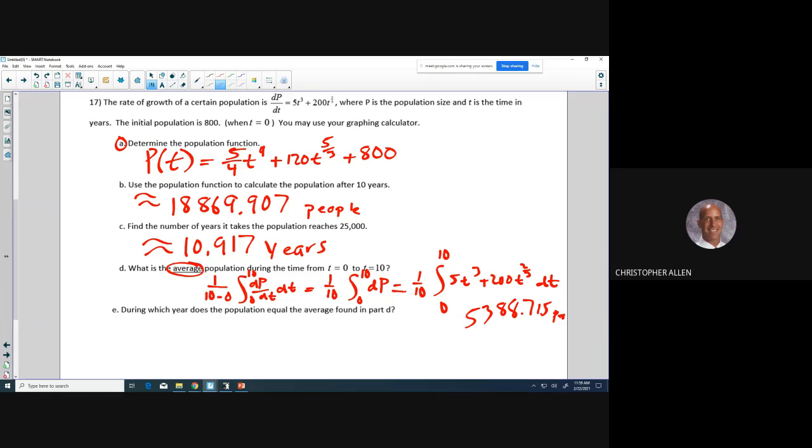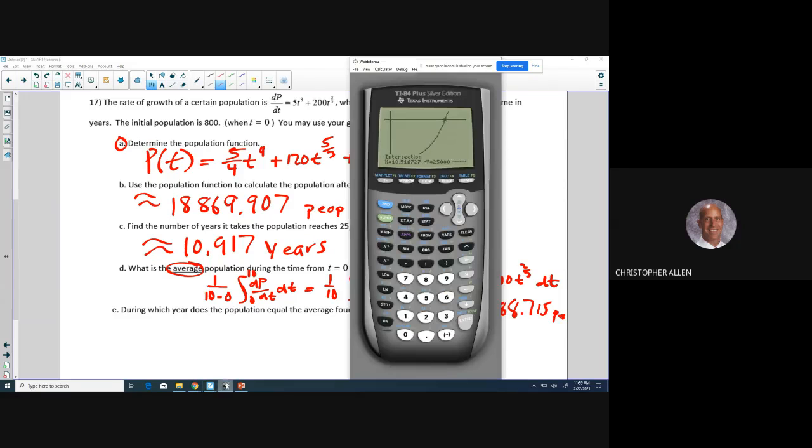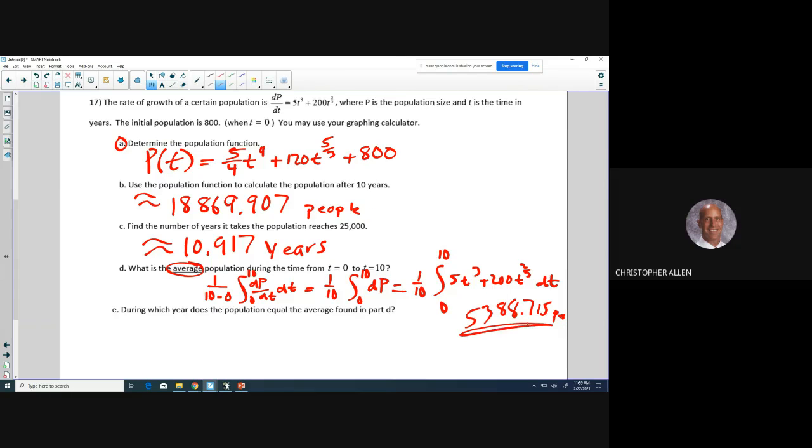And then E: when does the population equal the average found in D? We're going to play the same game I just did with this grapher, except instead of making Y2 equal 25,000, guess what I'm going to make it? 5,388.715.